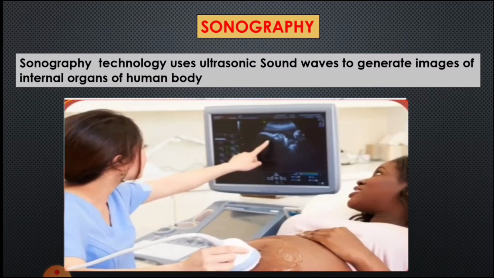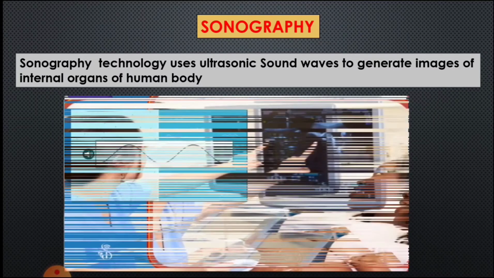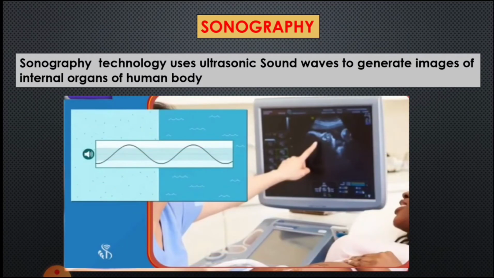The gel is applied to the skin outside the internal organ to be studied. High frequency ultrasound is transmitted inside the body with the help of the probe. The sound reflected from the internal organ is again collected by the probe and fed to a computer, which generates the images of the internal organ.